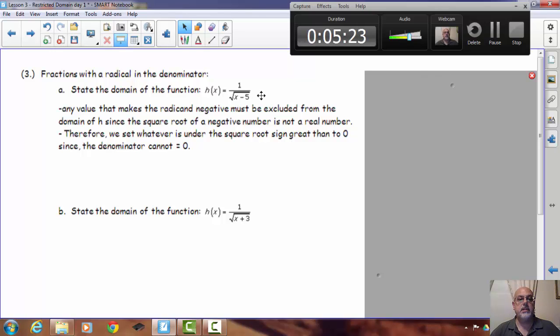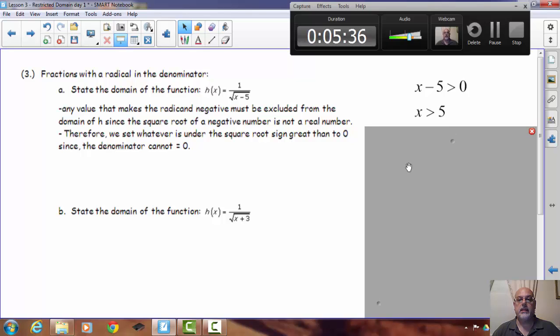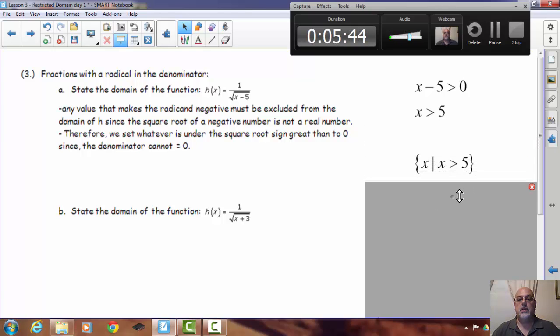So when you have a radical as the denominator of a fraction, you're going to take what's under the radical sign and set it greater than 0. When we solve this, we find out that every value of x greater than 5 works. There it is in set builder notation: all values of x such that x is greater than 5.